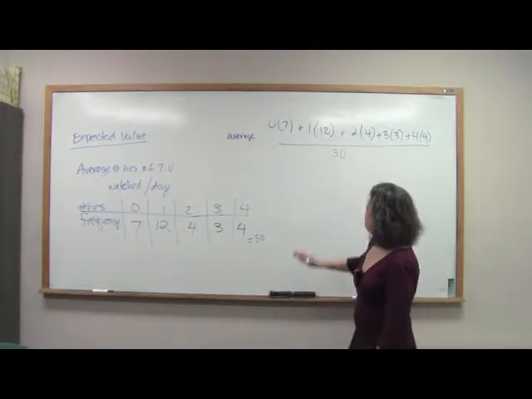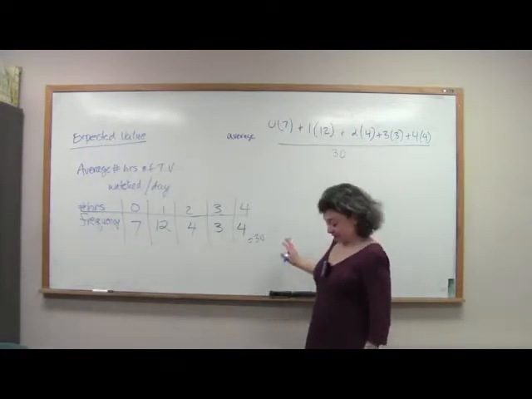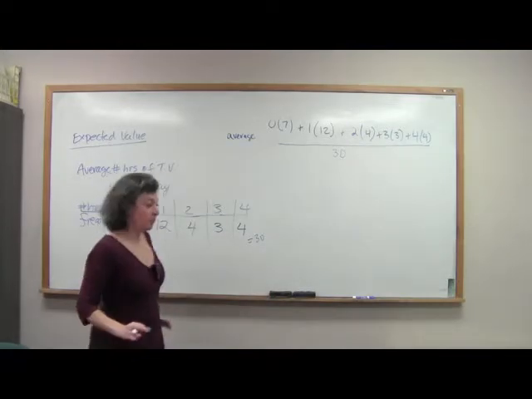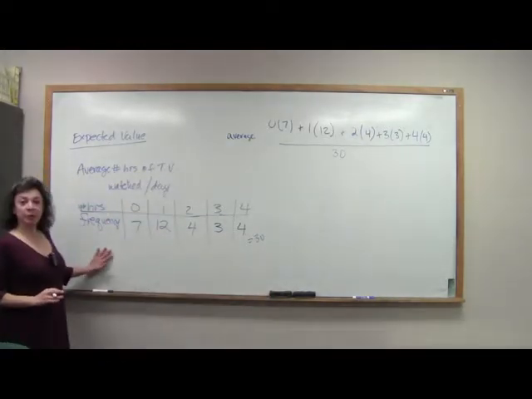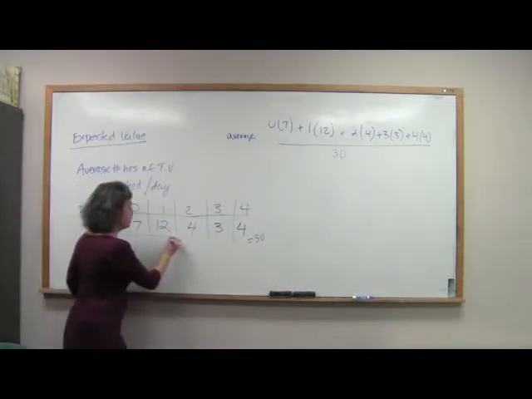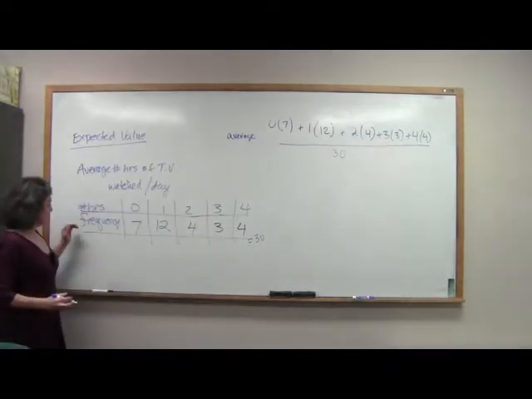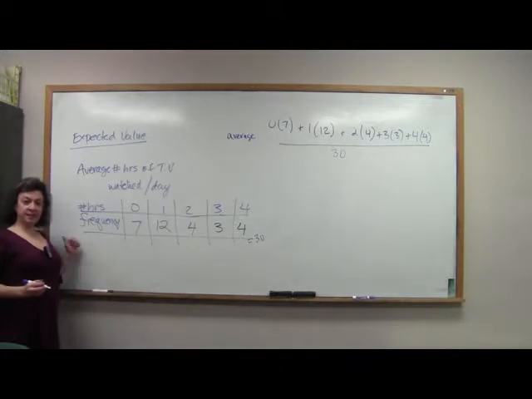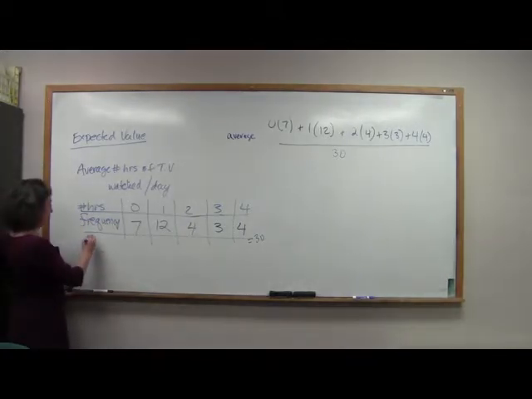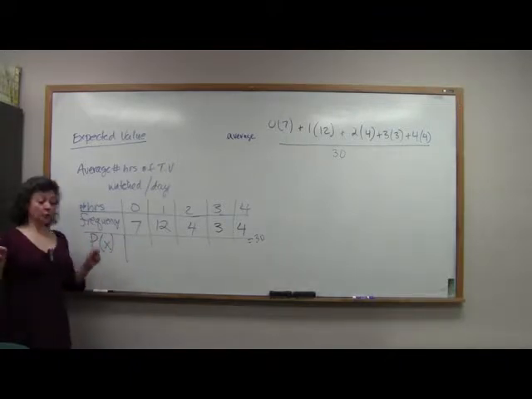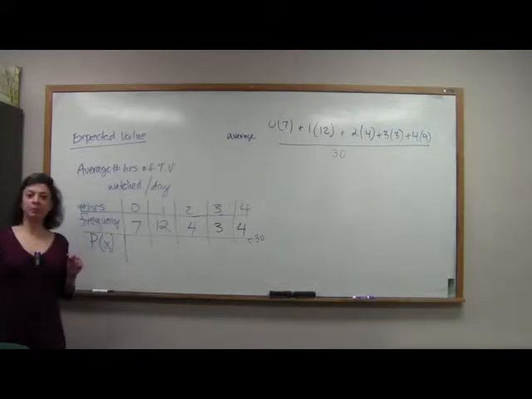So, before I go through and compute this, what I want to do is come back over here to my probability distribution table. And what I want to do now is show you how to go from a frequency table to a probability table. We're going to use the definition of probability.